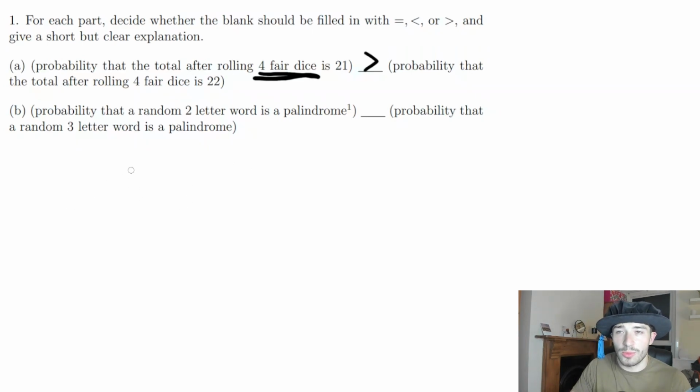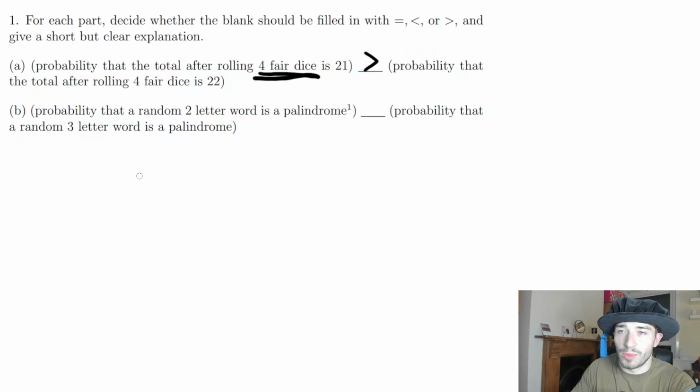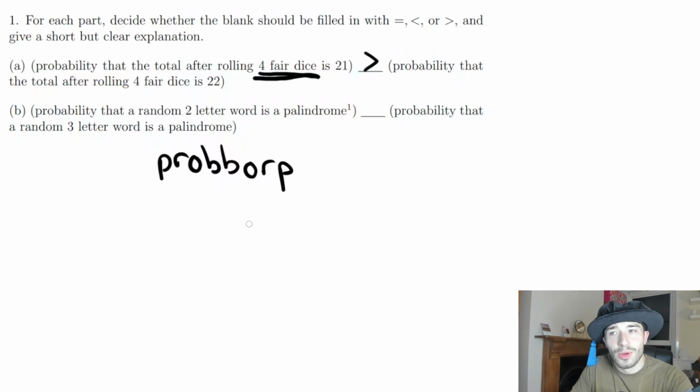So, for example, AA would be a palindrome because if I reversed those, I would still have AA. Or, you know, ABA, reverse. In fact, a better example is probably, I don't know, there we go. It's the same forwards as it is backwards. Okay, so that's a palindrome.